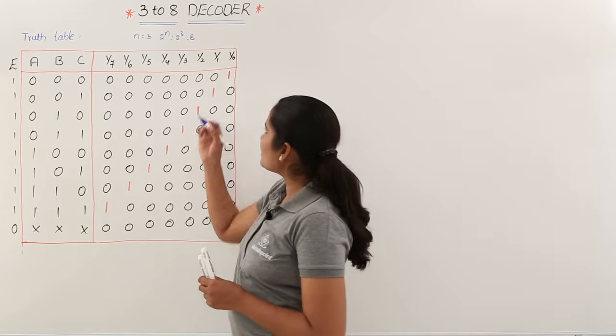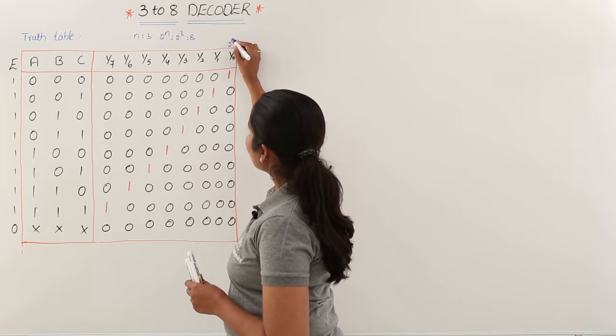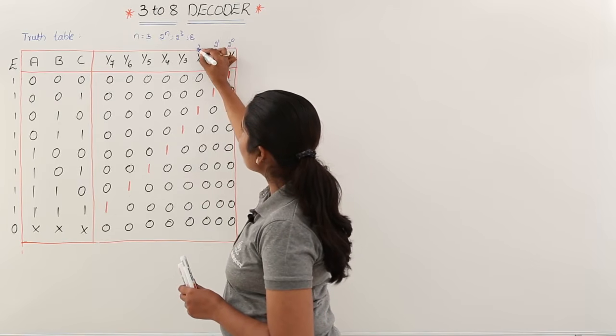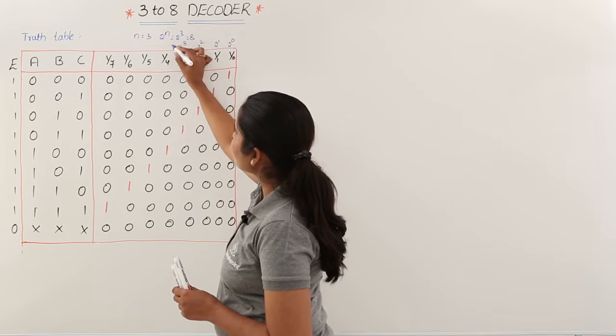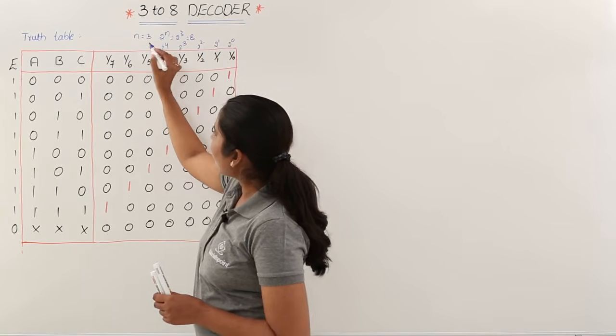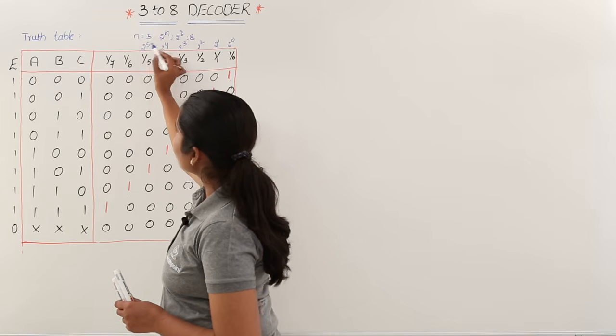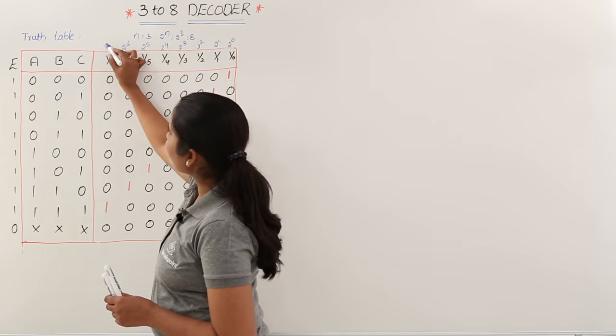Here you can observe, you can treat these as the 2 power 0 place, 2 power 1 place, 2 square place, 2 cube place, 2 power 4 place, 2 power 5 place, 2 power 6 place and 2 power 7 place.